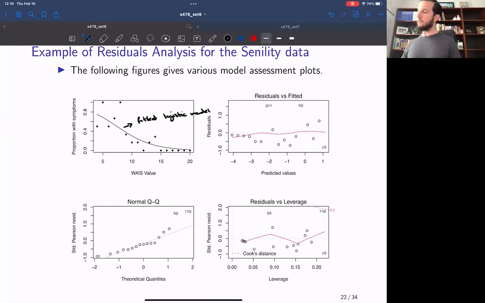Okay. In the second plot, we have the residuals versus the predicted values. It's important to point out here, you'll notice that the scale of the predicted values goes down to -4. So this is actually the value of the logit of pi I hat. So this is the Pearson residual. The default R plot type is Pearson residual.